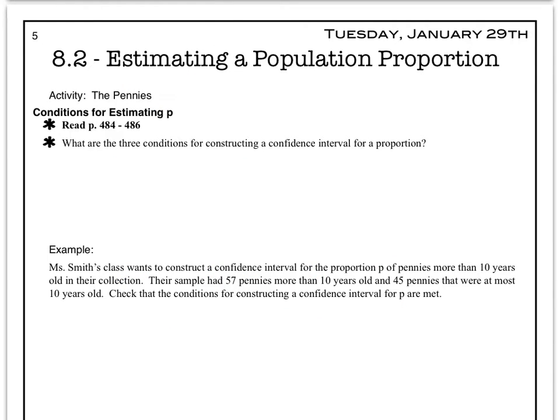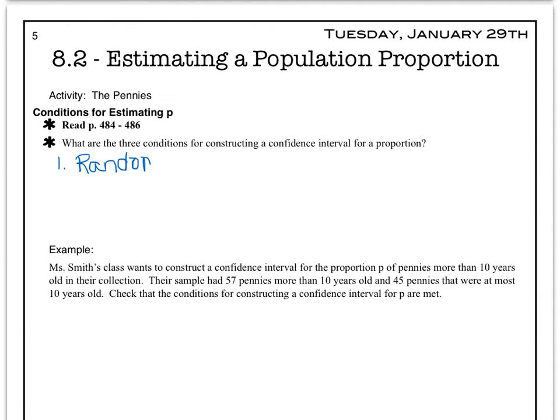Okay, let's specifically talk about constructing a confidence interval for a proportion, so using p-hat to estimate p. We always have to check the 3 conditions. The conditions themselves are the same, but how we check them differs for p-hat versus x-bar. So 1, random.